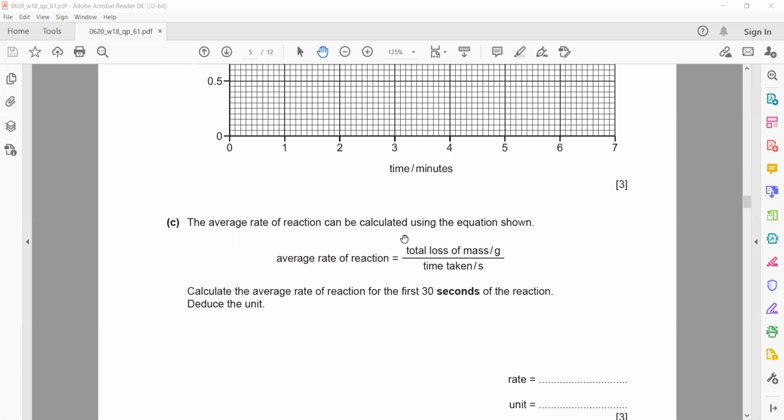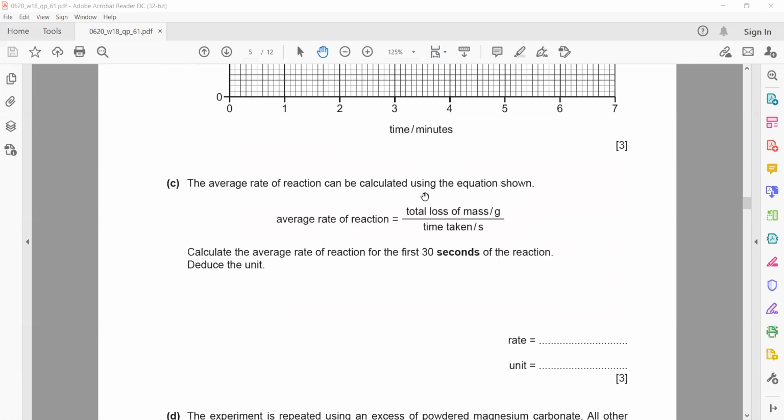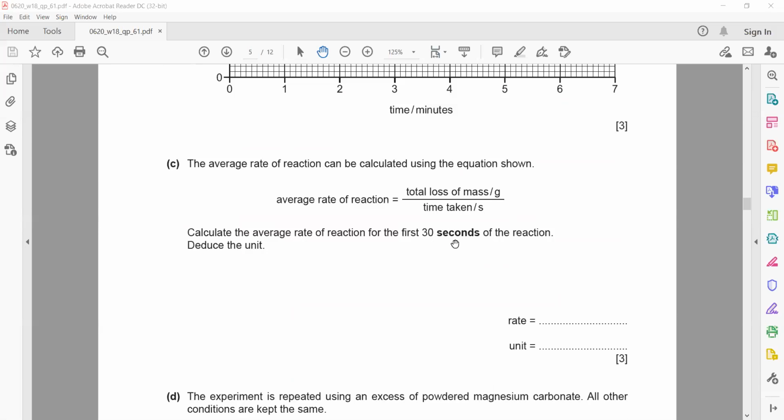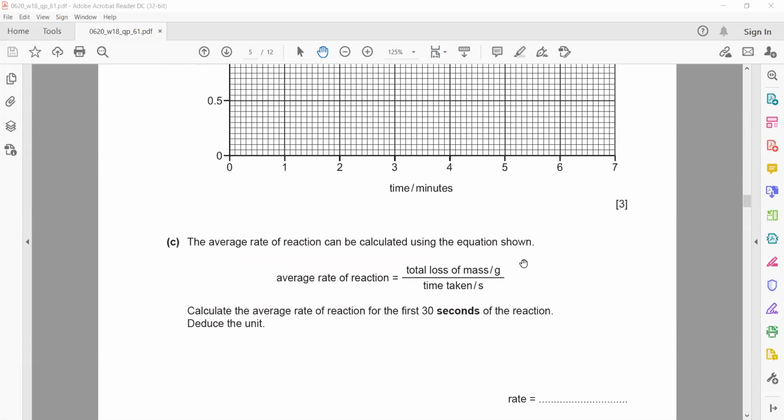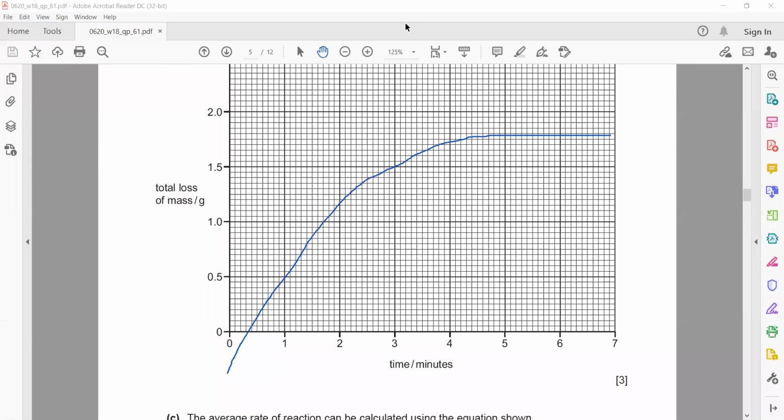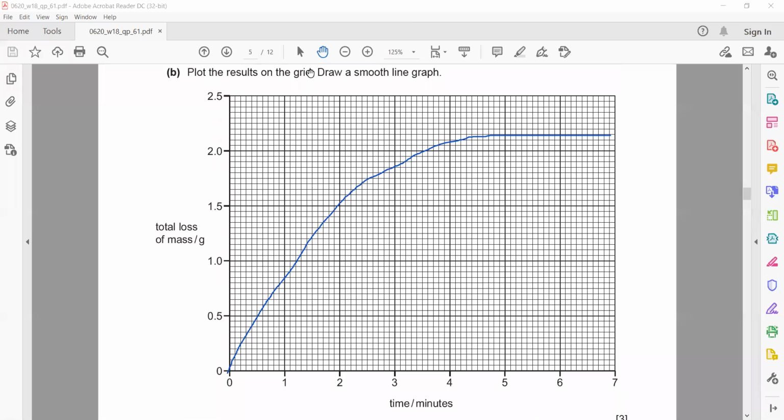Then the average rate of a reaction can be calculated using the equation shown. Average rate is equal to total loss in mass divided by time taken. Calculate the average rate for 30 seconds. So how will you calculate the average rate for 30 seconds? On your graph, because 30 seconds means half a minute, at 0.5 you will draw a line and find what is the change in the mass or loss in mass.